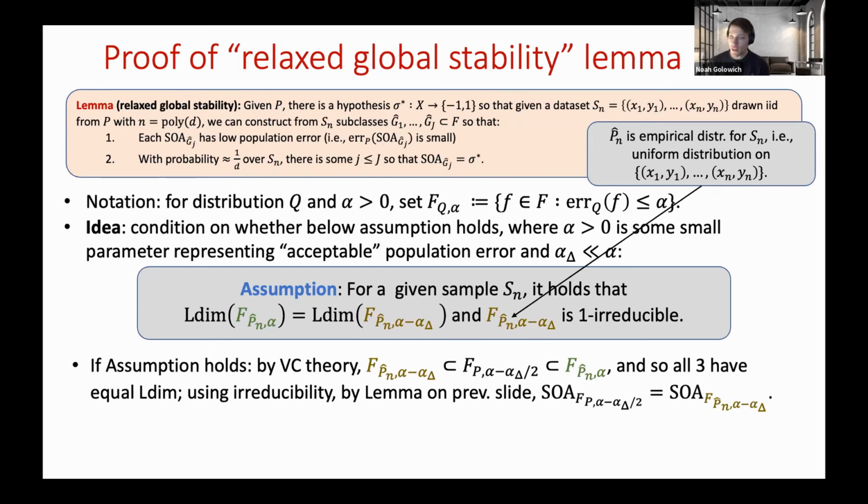Now, once we have this chain of inclusions, the first part of this assumption, which is that the green and the brown classes have equal Littlestone dimension, implies that all three of these classes have equal Littlestone dimension because the second is sandwiched between the first and third. And second, using the second part of this assumption, namely irreducibility, together with the stability lemma on the previous slide, we get that the SOA hypotheses for the brown class and the class shown in black are equal.